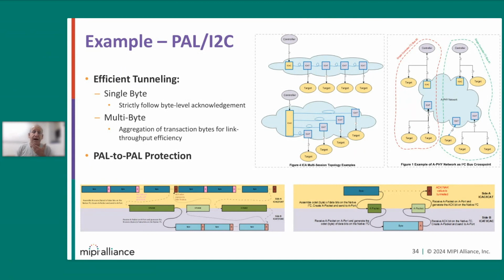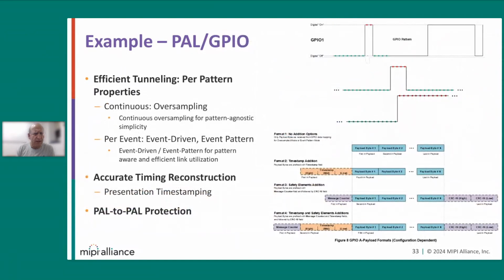And of course, this adaptation layer provides PAL-to-PAL protection, because in some cases I2C does not include end-to-end protection. This is true also for the GPIO, by the way. The GPIO adaptation layer provides PAL-to-PAL protection for functional safety, because it is not included in any known GPIO protocol.